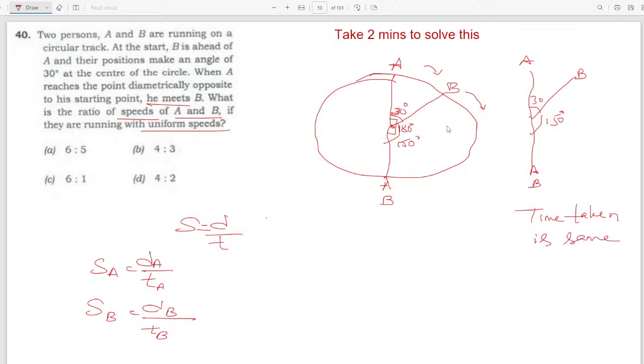The distance would change. The distance traveled by A would be half of the circumference of this circle. Let the radius of the circle be R. So the distance traveled by A is equal to half of the circumference, which is half of 2 pi R. The 2 cancels, and the distance traveled by A is pi R. Now how do I calculate the distance traveled by B?